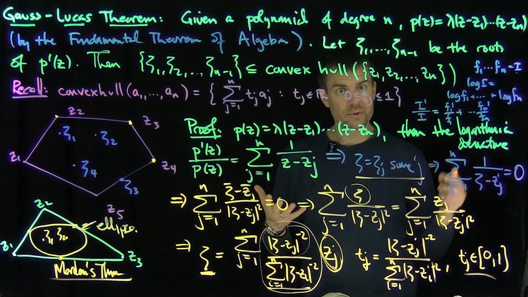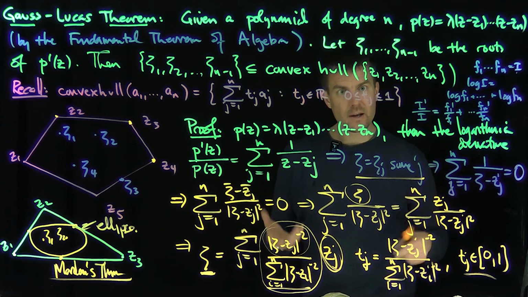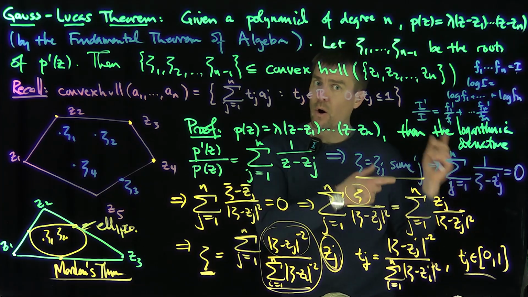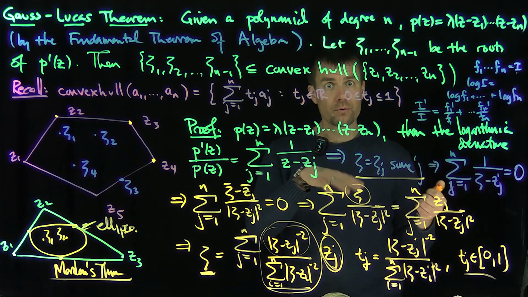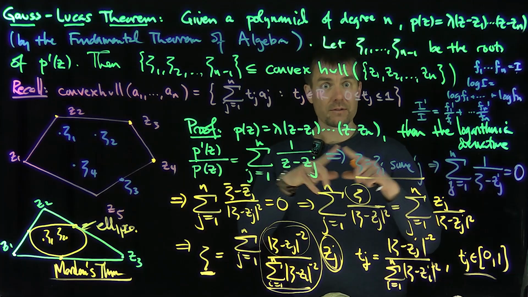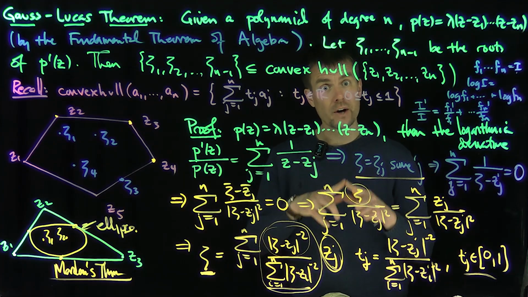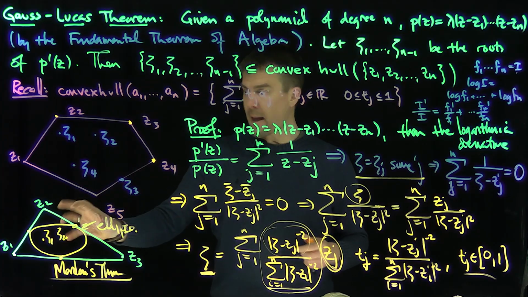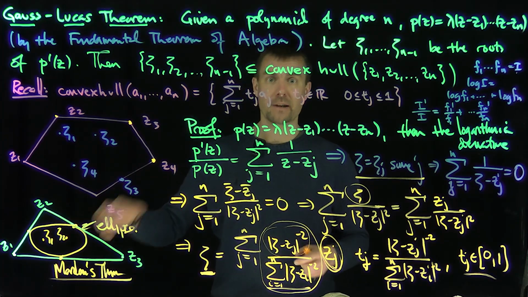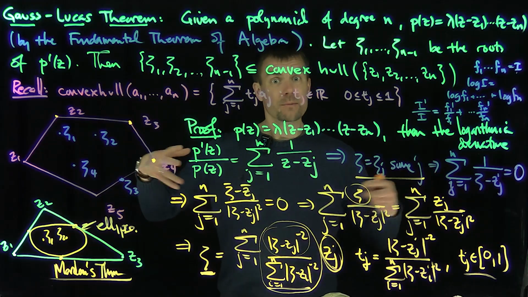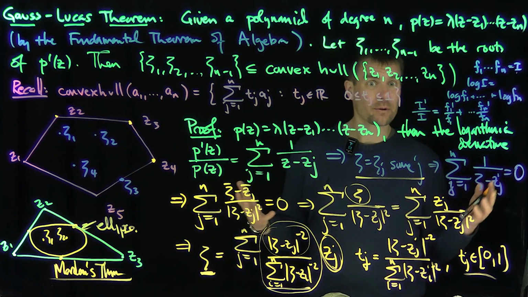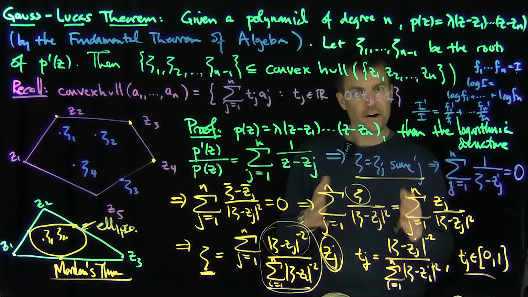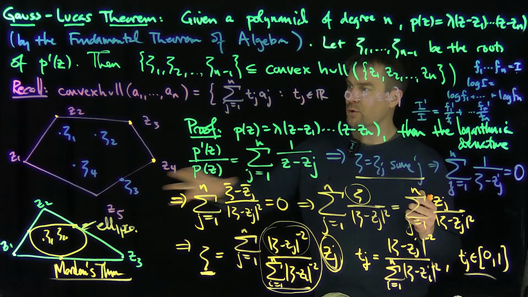If I had Z1, Z2, and Z3, we said Z1 plus zeta Z2 plus zeta squared Z3 has to be 0, where zeta is one of the third roots of unity. That gave us a criterion for equilateral triangles. If we use that criterion together with an affine map, which preserves triangles in the complex plane, we'll see that this follows from some of the earlier results about equilateral triangles. So it all starts to fit together very nicely, and we get this beautiful result, which we'll talk about in further videos.